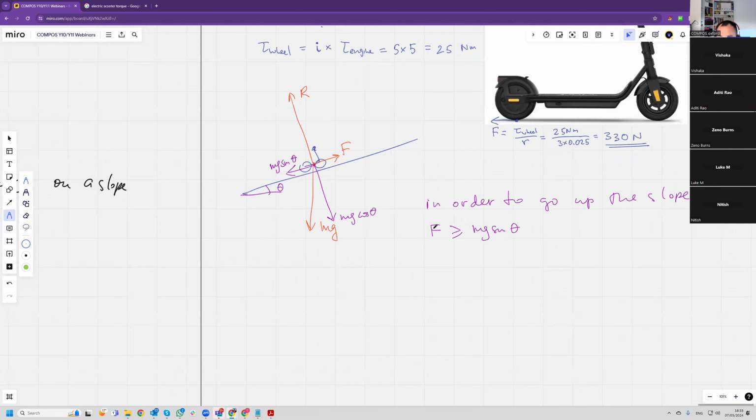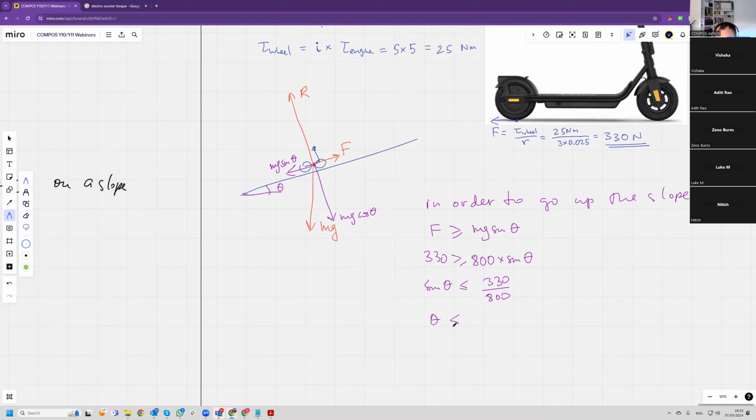So we know that force is 330, m is 80, g is 10, so 800 times sine theta. So sine theta has to be less than or equal to 330 divided by 800.